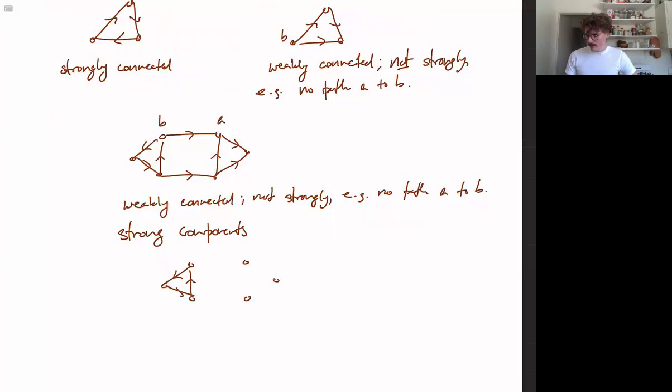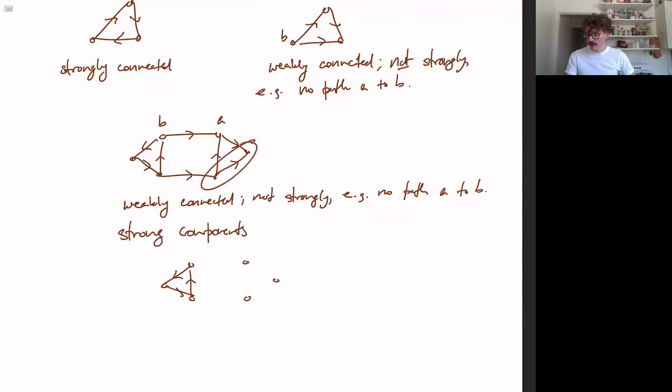And what about these other three? Well, these edges are going not in a cycle. There are two edges coming into this vertex and two edges coming out of this vertex. So let's check carefully what are the strong components of this graph, namely, what are the maximal strongly connected subgraphs? Well, from this point, we can get to either of these points, but we cannot get back from either one of them.